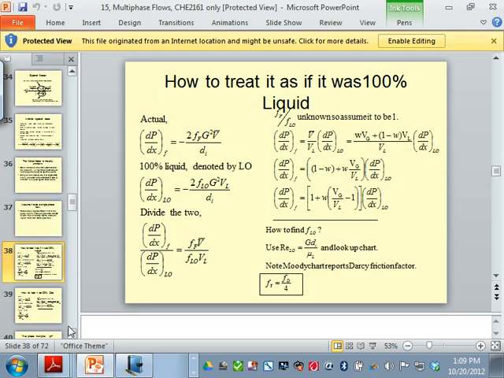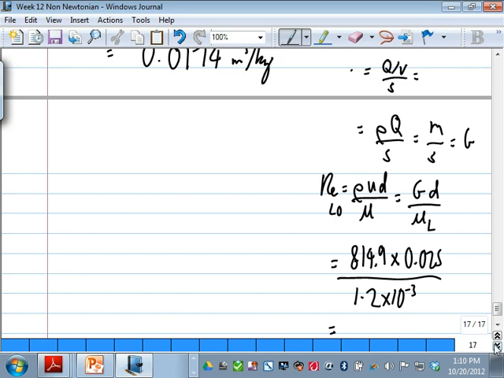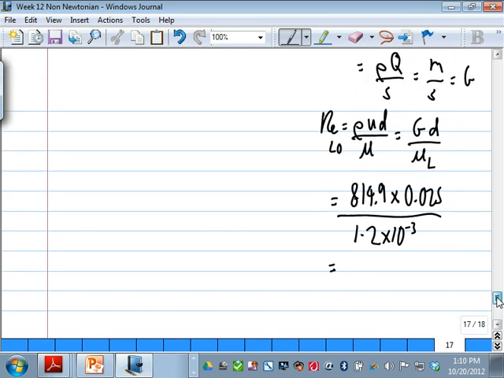We are using this way. What's the answer? 16977.